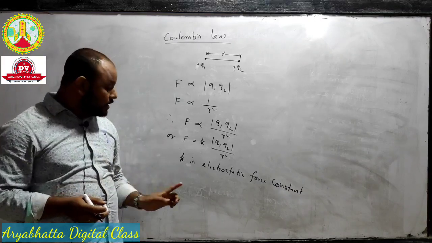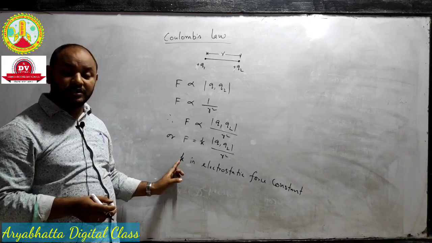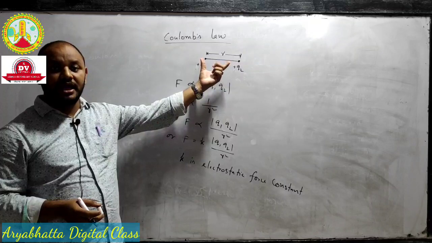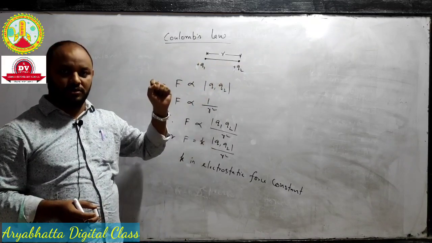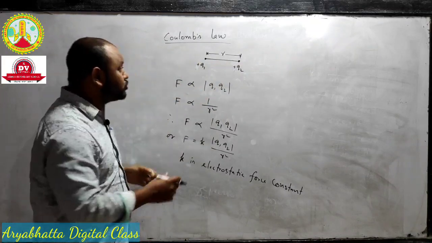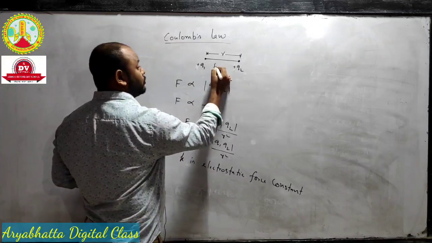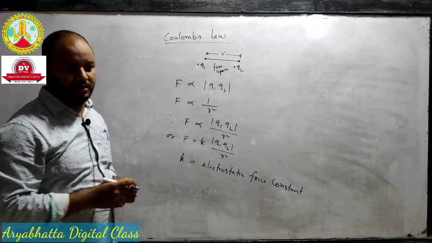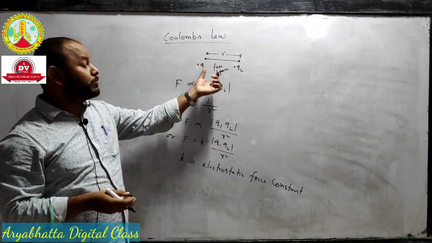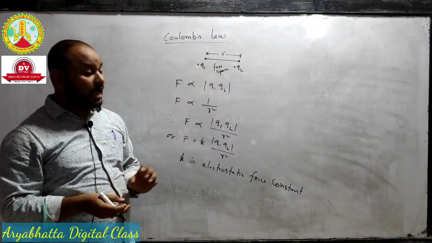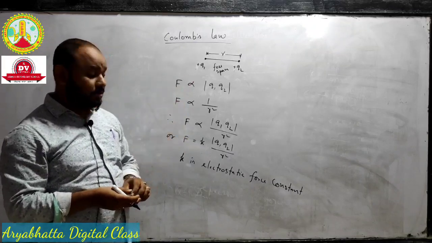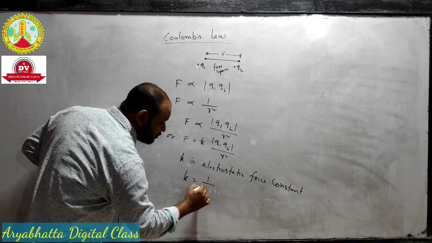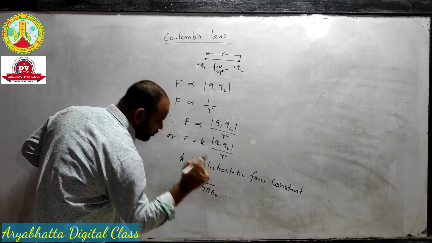Remember, the value of K depends upon the nature of the medium between the two surfaces and the system of units. If we choose free space between the two surfaces, and we choose the SI system, then the value of K will be equal to 1 by 4 pi epsilon naught.